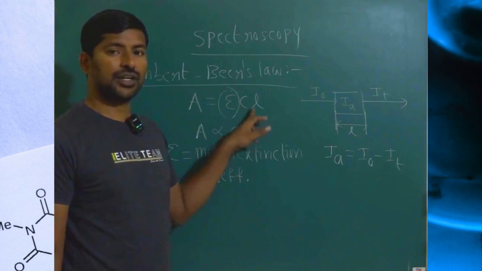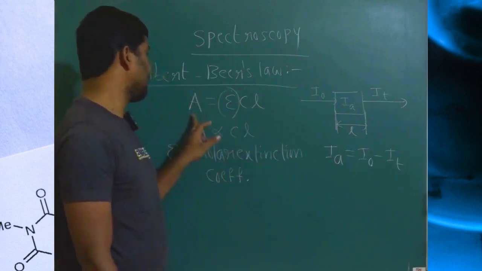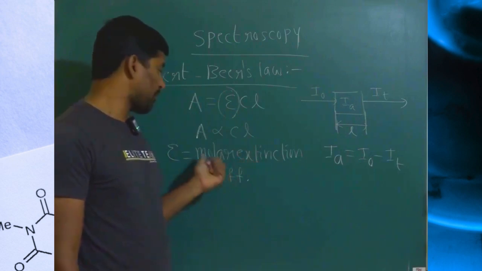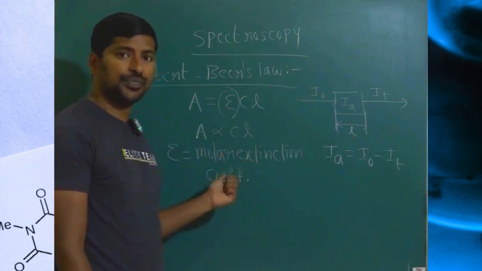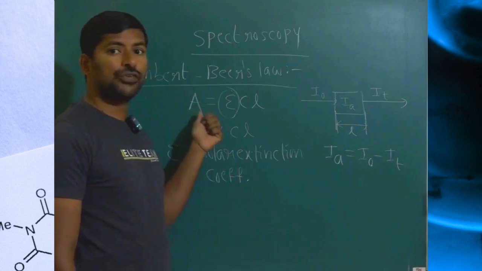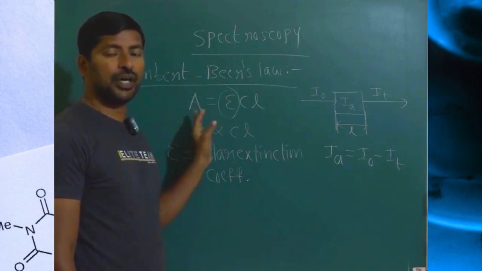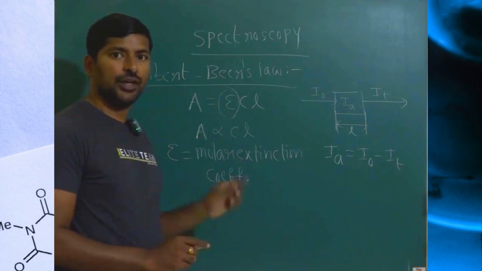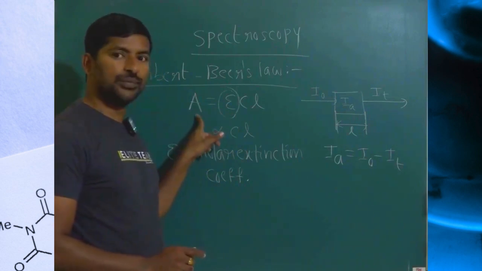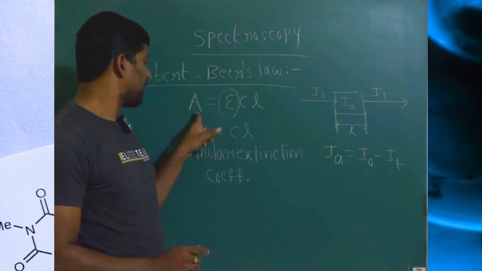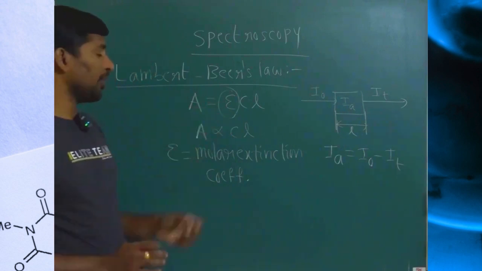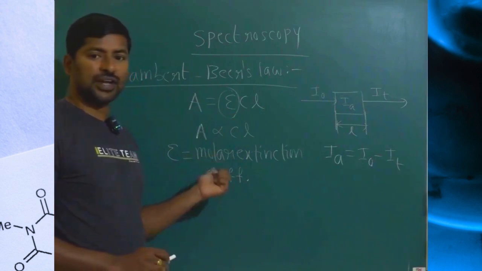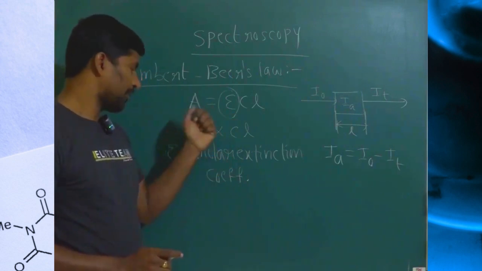For a given concentration and path length, that absorbance is the molar extinction coefficient. It explains how strongly a given substance absorbs radiation of a given wavelength. So epsilon is a characteristic of the given substance.